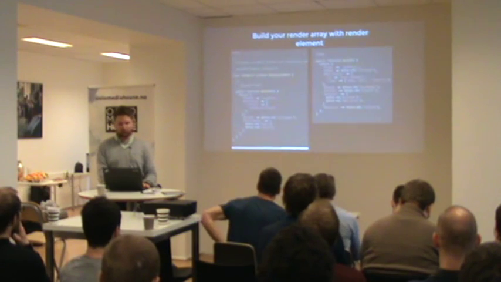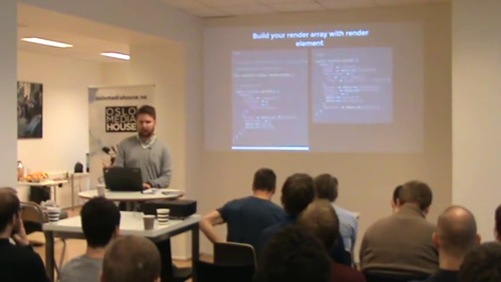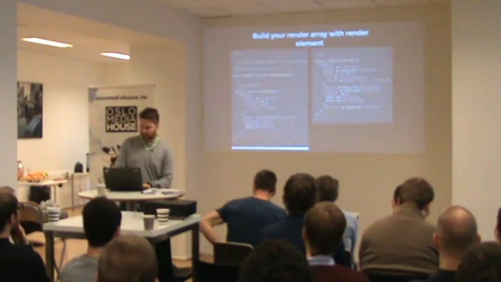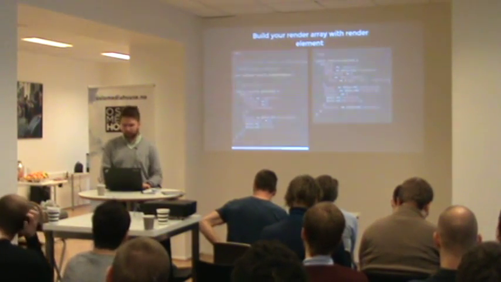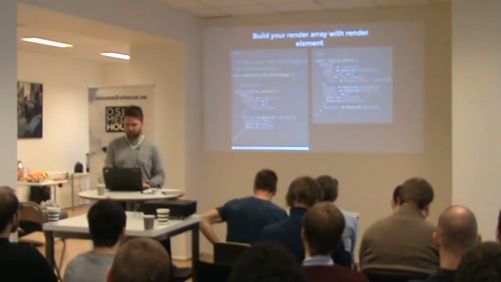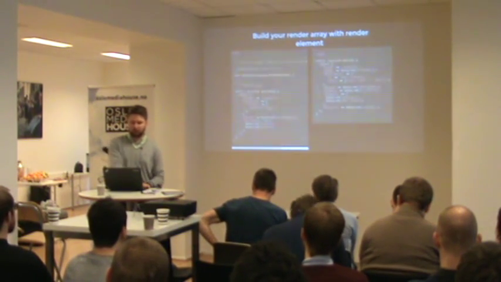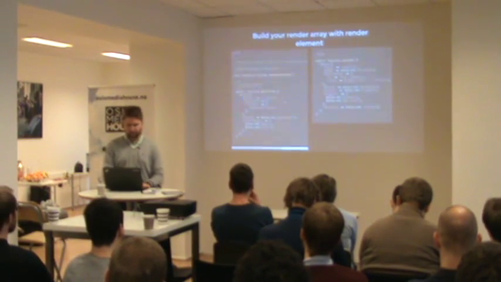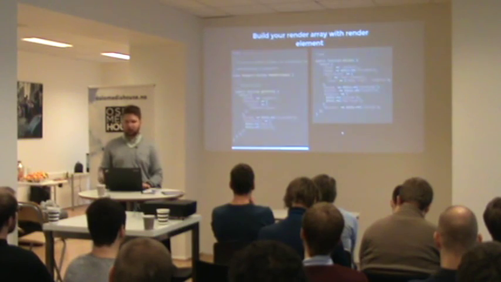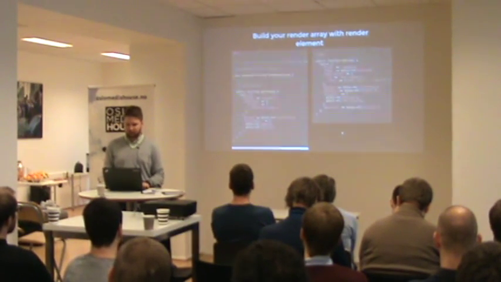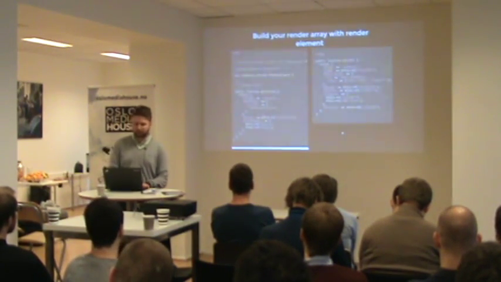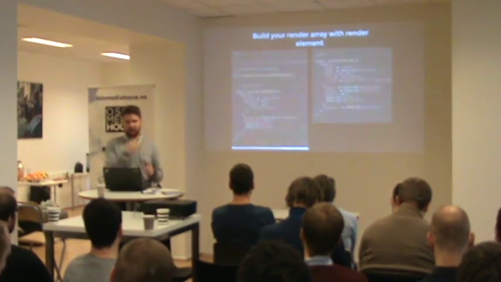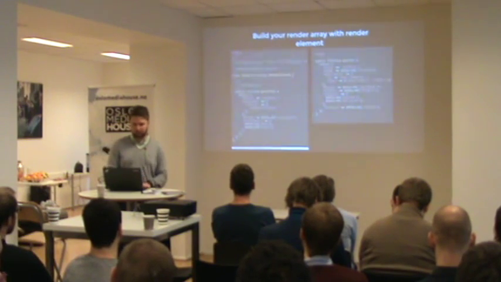Then here we specify what the defaults are for this render element, and then it's going to add the defaults for the render array, and then it's going to use the hook theme here to actually print it out. So I would suggest to create render elements instead of hook theme implementations. They are pretty sweet. So there are two different ways of doing this. Maybe in the future we can have only one. Hopefully it's the render elements.